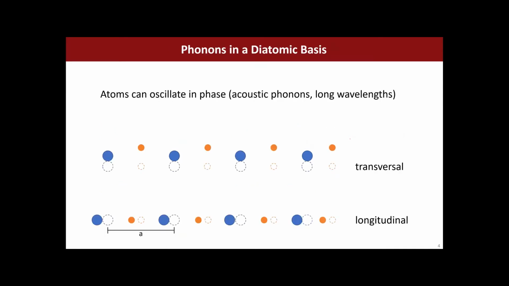What happens when we have 2 atoms, though? There are 2 options here. The atoms can oscillate in phase, or they can move out of phase. Here's a wave where everything is in phase. So they're essentially oscillating in the same way, and in this case, perpendicular to the propagation direction.